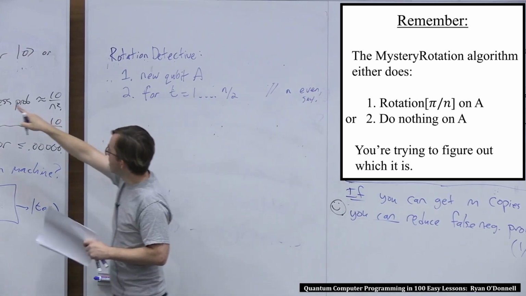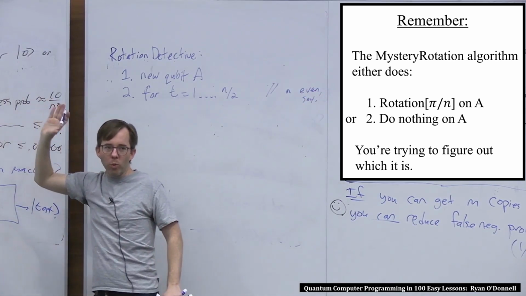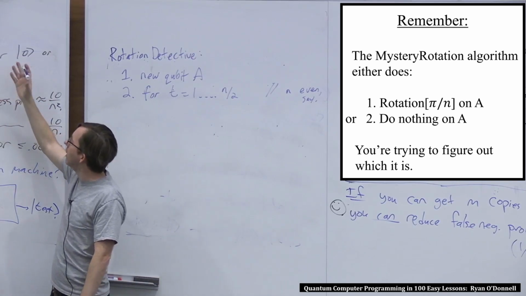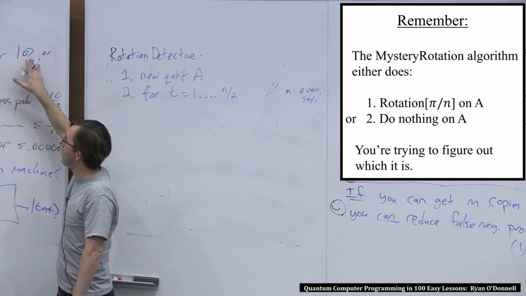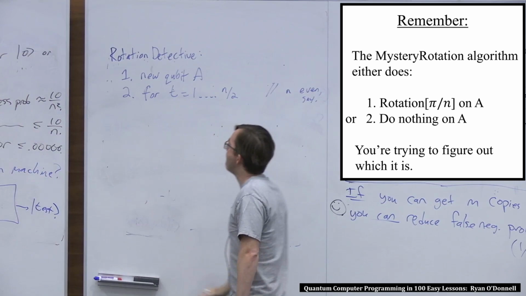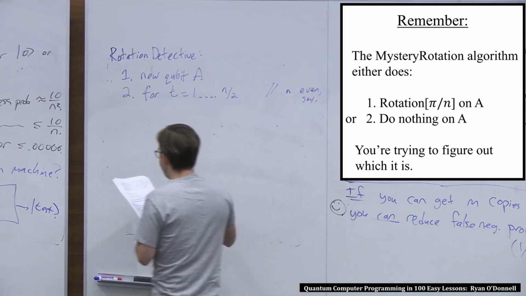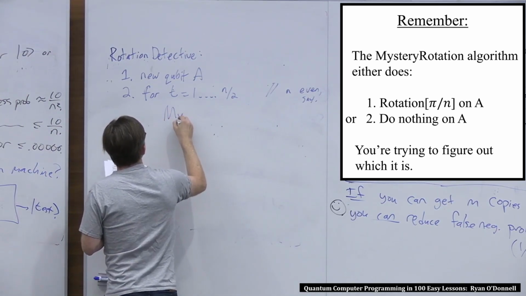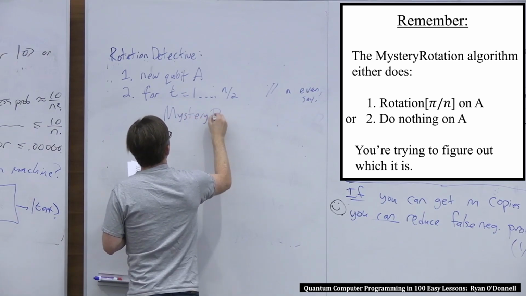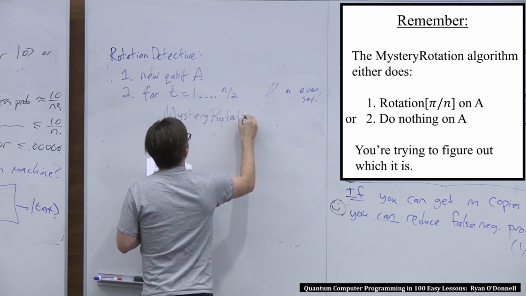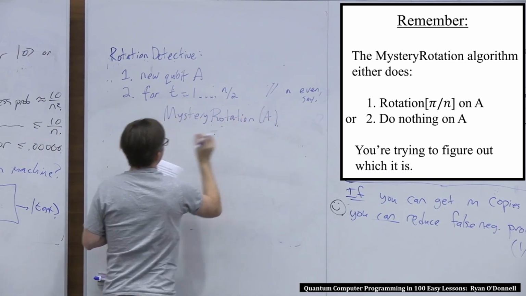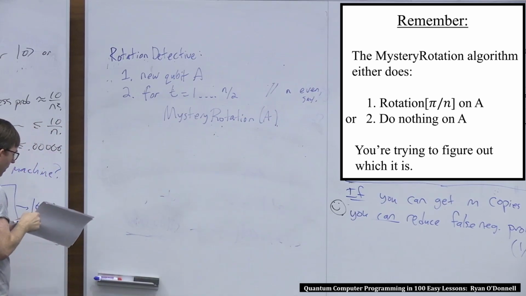Here n is this angle, which in this scenario we're assuming they post on their website: the test is either this one or this one. So you know n. Then what do you do? You do mystery rotation on A, so you take this qubit and plug it into their black box.